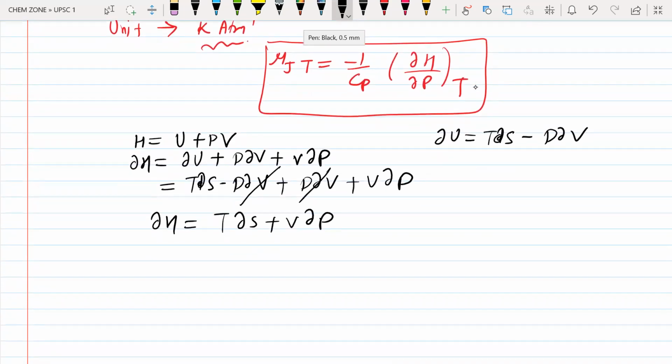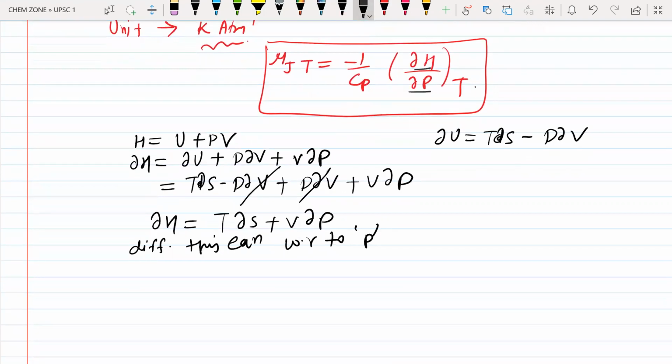Now differentiate this equation with respect to pressure. Basically, we are trying to calculate the value of del H by del P, assuming temperature as constant.